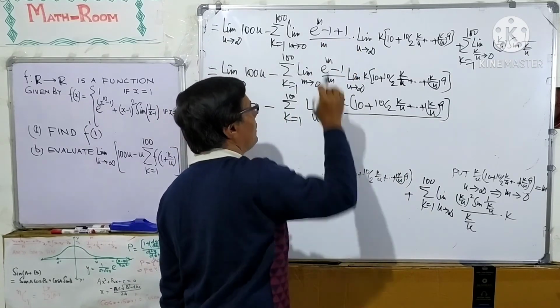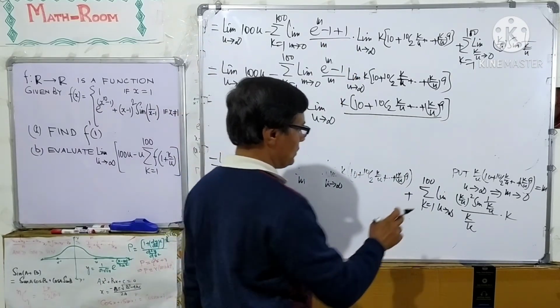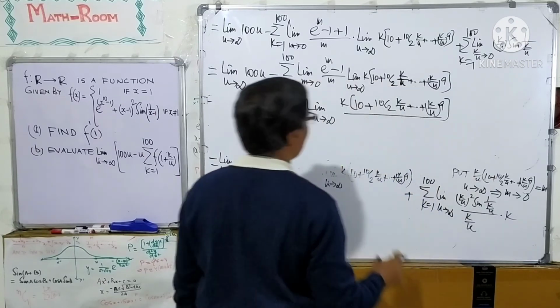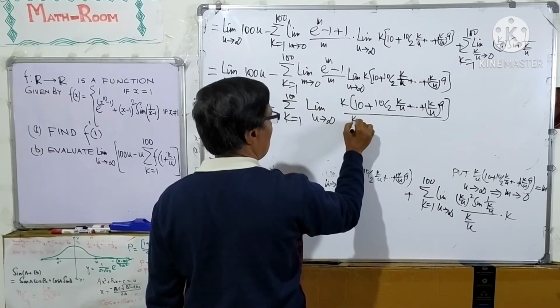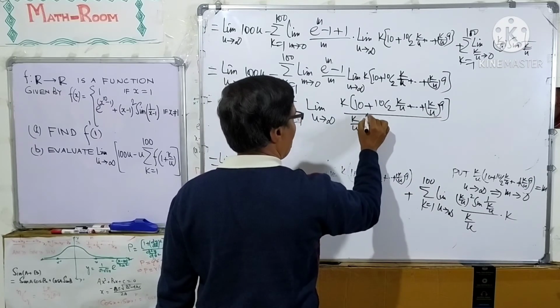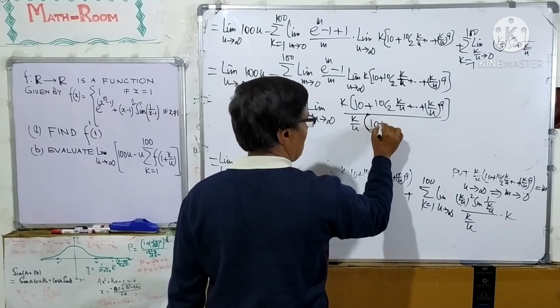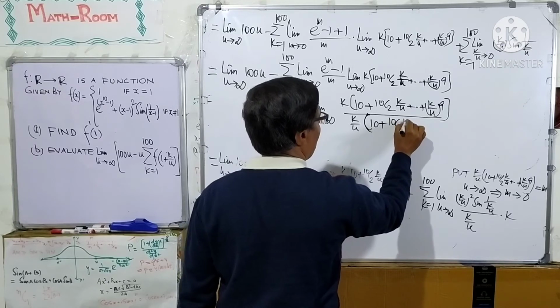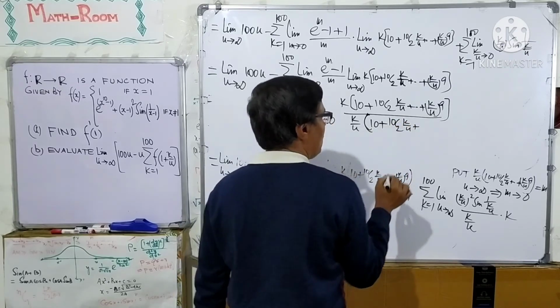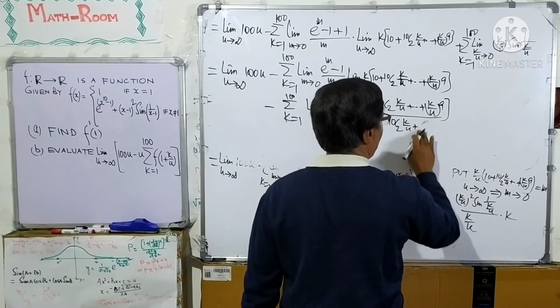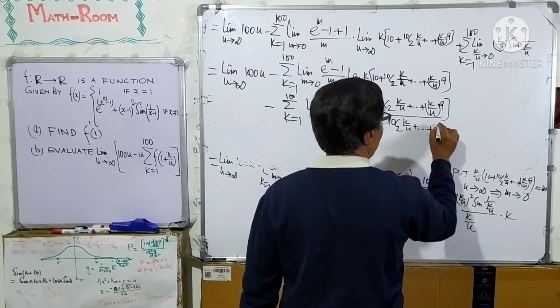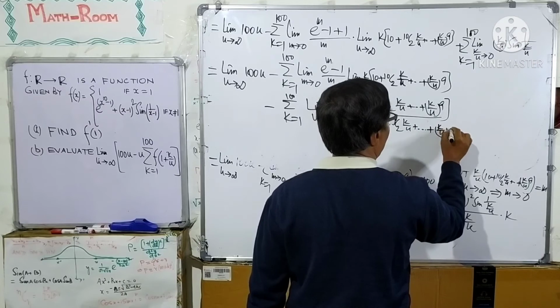1 over m, that is, m is also this, m is put as k over u, that is k over u, 10 plus 10C2 k over u plus dot dot k over u to the power 9.